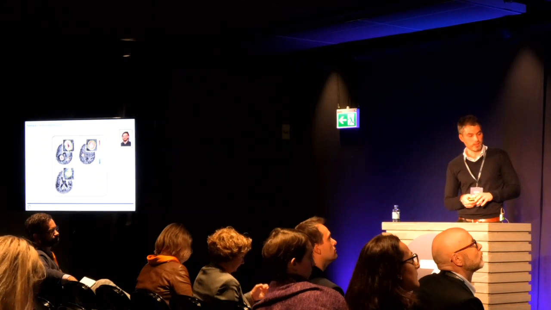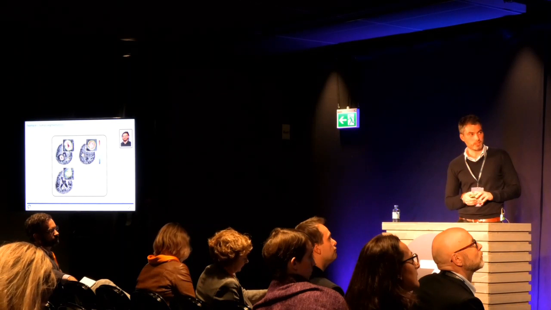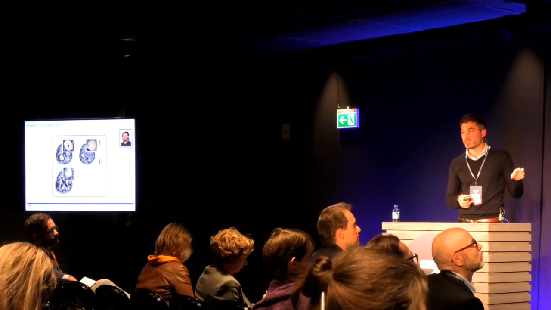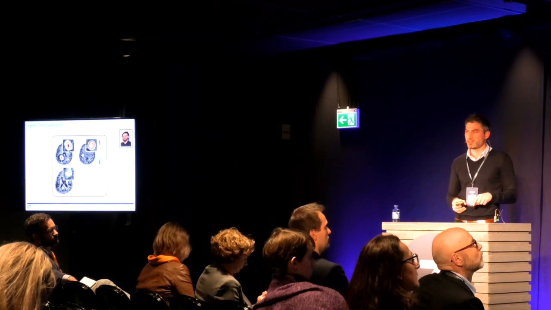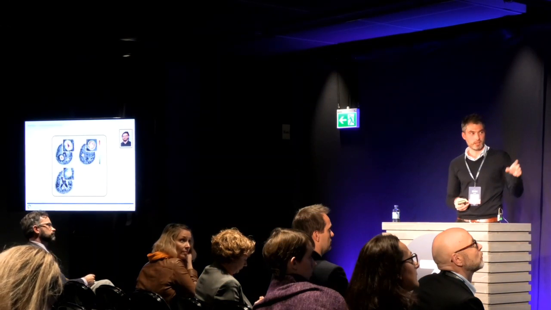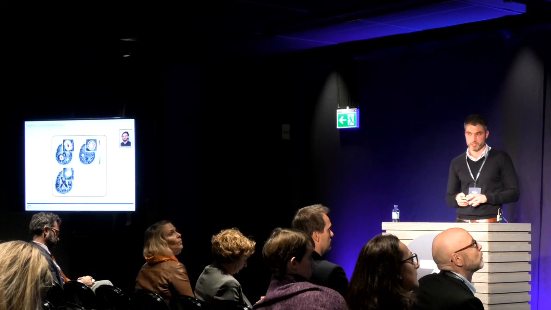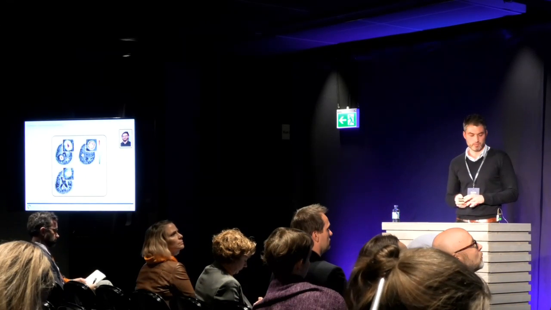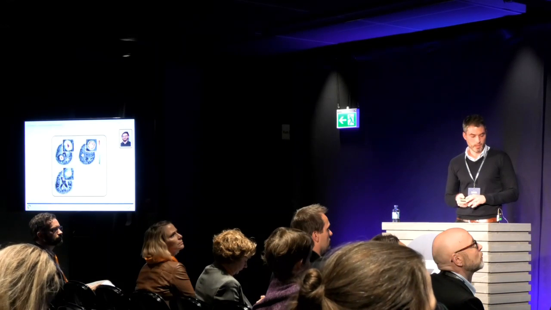This is some data that a postdoc of mine is doing at Stanford at the moment, where he identified brain metastases in the brain. That's very hard because metastases can be very small, and he does that with excellent scores. It's still in the making, but I think it has potential.